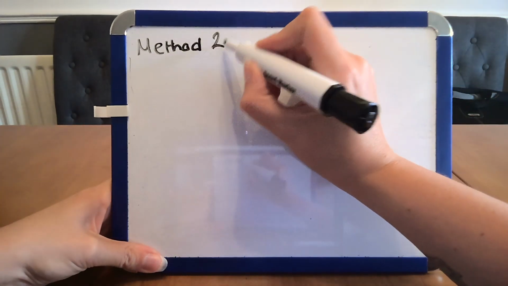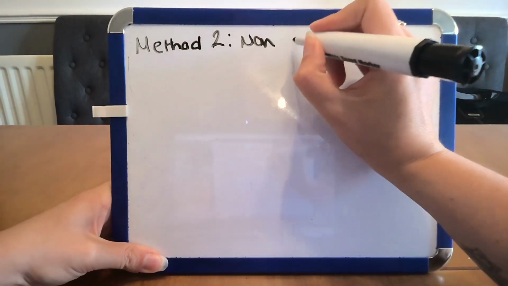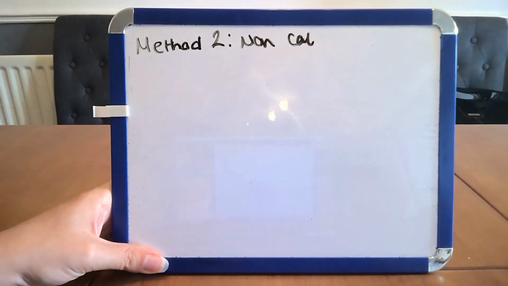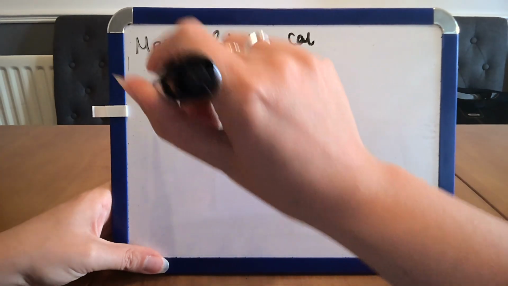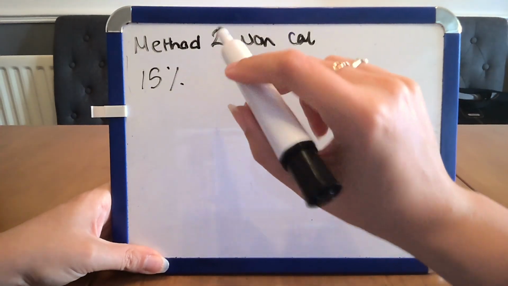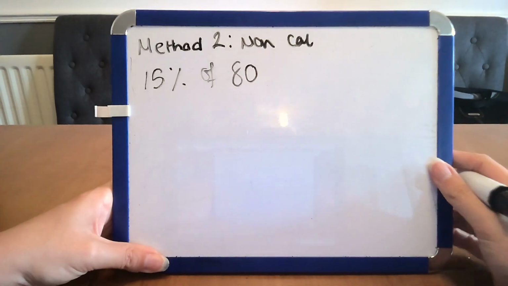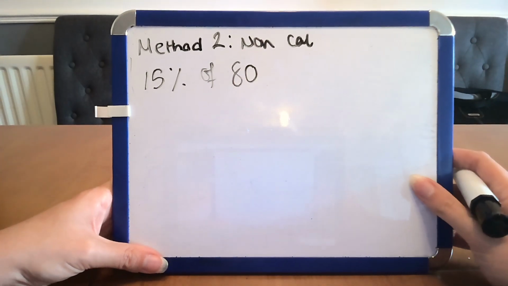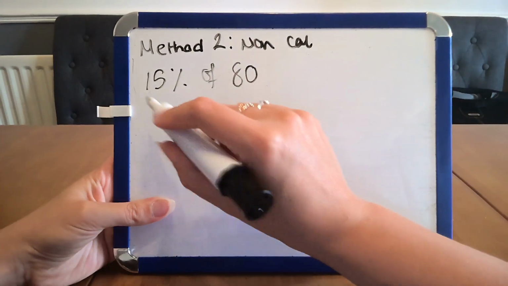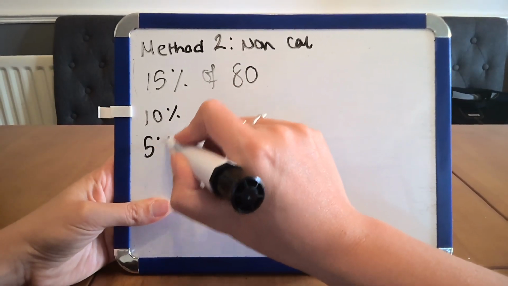So the second method is going to be non-calculator. So the question is 15% of 80. Now I would split this into 10% and 5%.